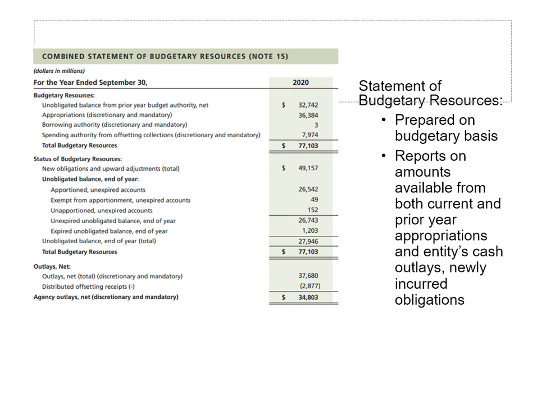The total available budget, right, is from the prior year's unobligated balance plus the new appropriations, and also plus the spending authority from offsetting collections.